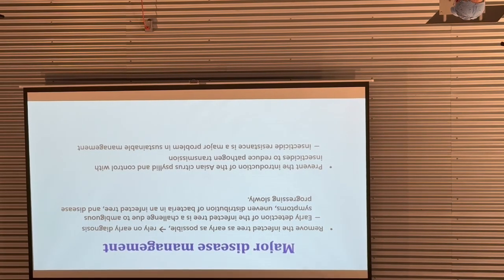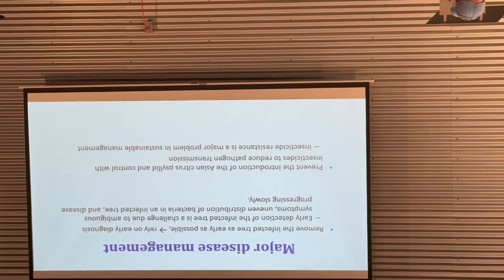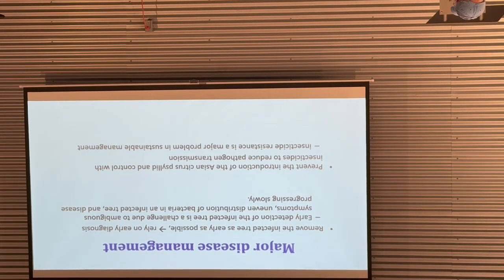Okay. So currently, for the major disease management, I would say it's very important to remove the infected trees so they do not become a spreading source, and also prevent the introduction of the Asian citrus psyllid. And so, once you see it, you should immediately try to control the psyllids with insecticides to reduce the pathogen transmission.